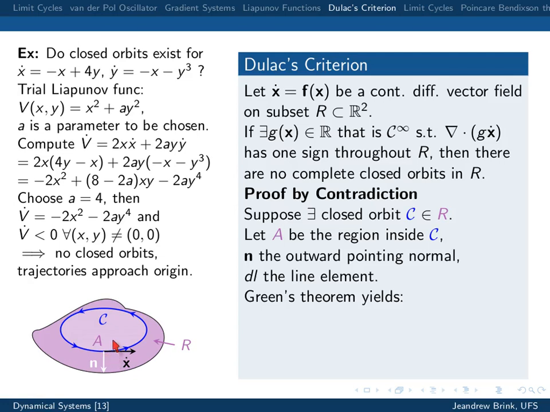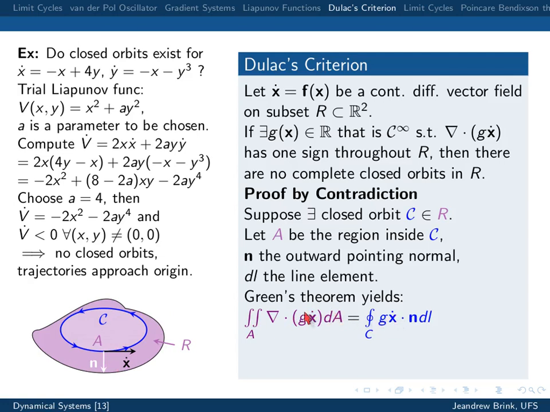Then you have a thing called Green's theorem, which you should have encountered. It basically connects the area to the boundary in 2 dimensions. So Green's theorem basically goes, the divergence of a function integrated over the area is equal to the flux of the function leaving the boundary.